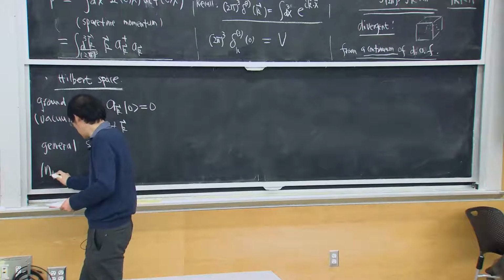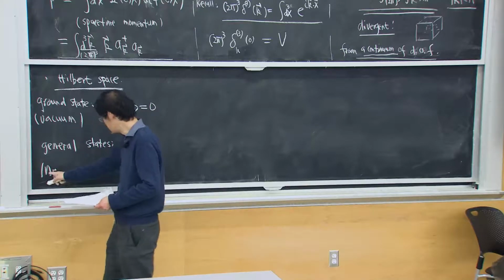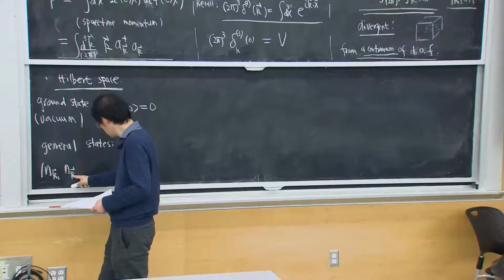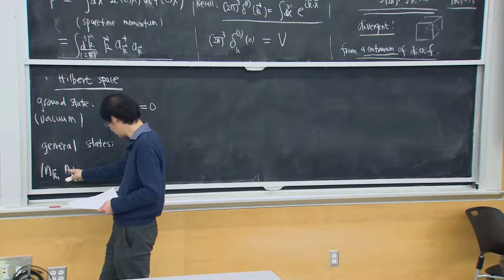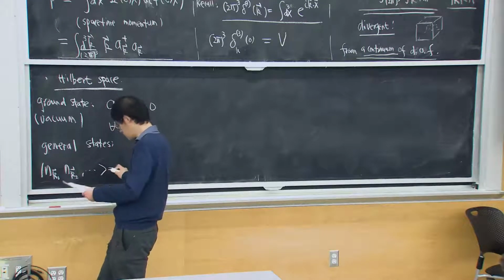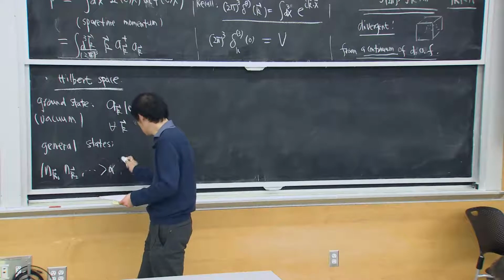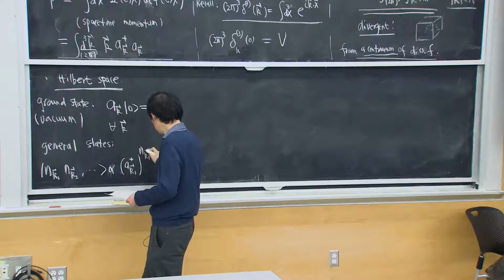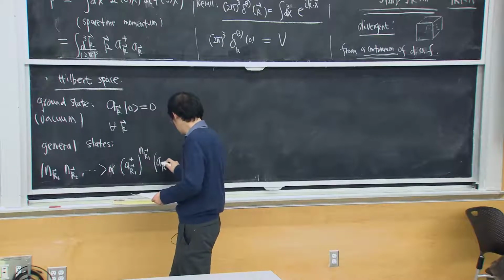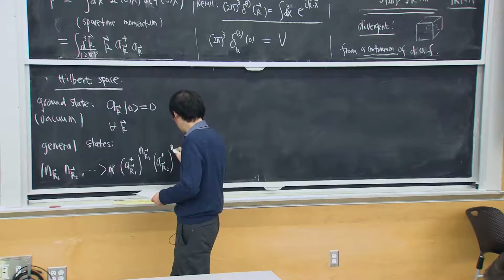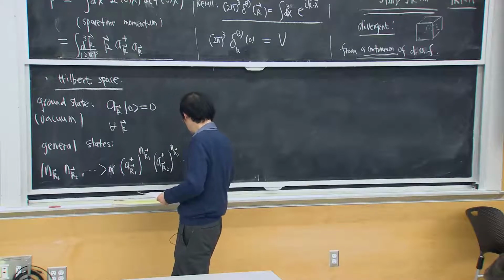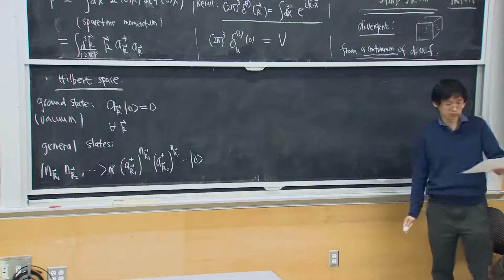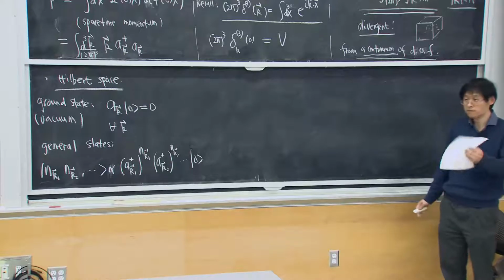Say I can write |n_k1, n_k2, ...>: the k1 oscillator excited n_k1 times, the k2 oscillator excited n_k2 times, etc. Which is proportional to a_k1 dagger to the power n_k1, a_k2 dagger to the power n_k2, etc., acting on |0>. Just like we have a large number of harmonic oscillators.